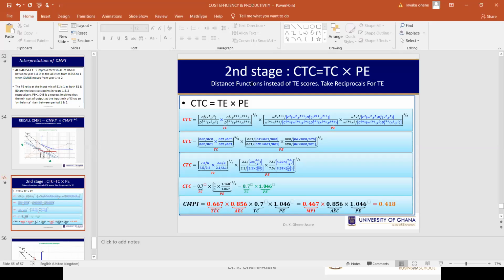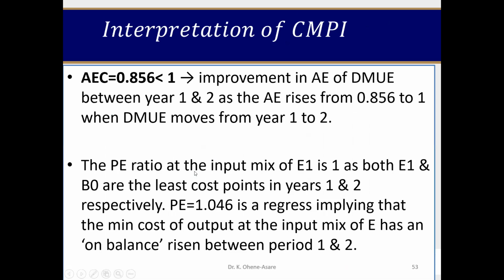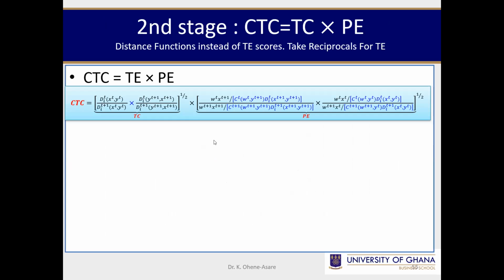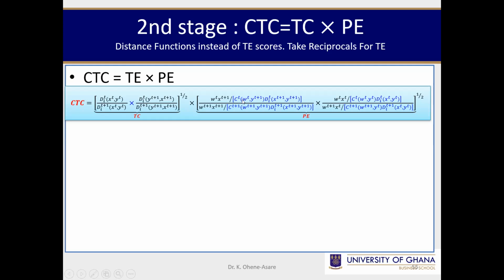Okay, let's go up and see. Cost frontier 0 is what? If you look at E1 relative to cost frontier 0, is it not OF? Yes, it's OF. Okay, but then remember the way we do it, if you look at this carefully, these two are multiplying each other.